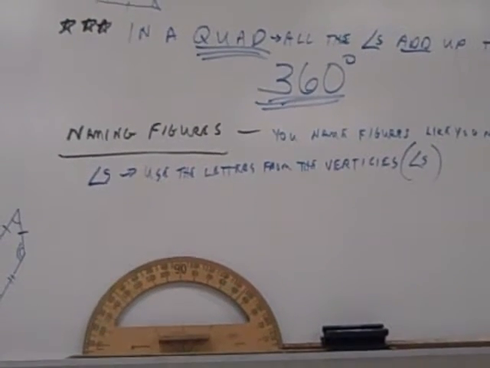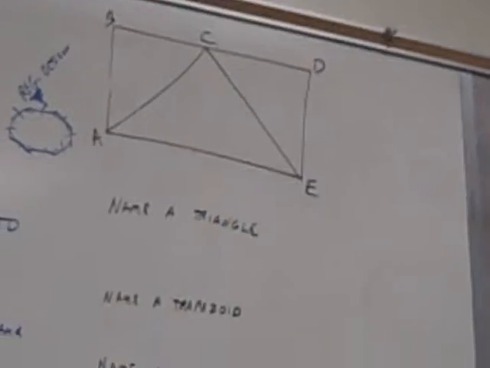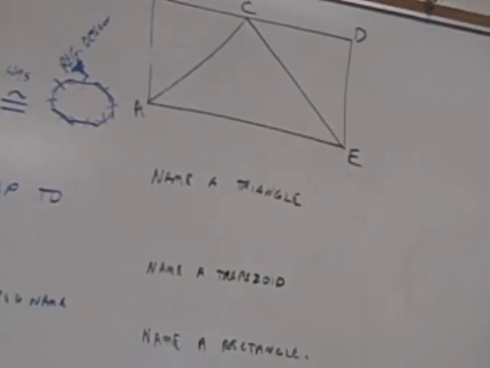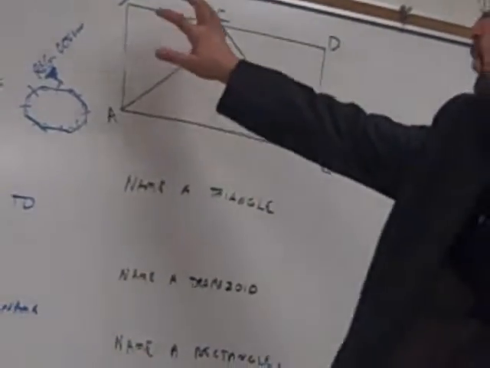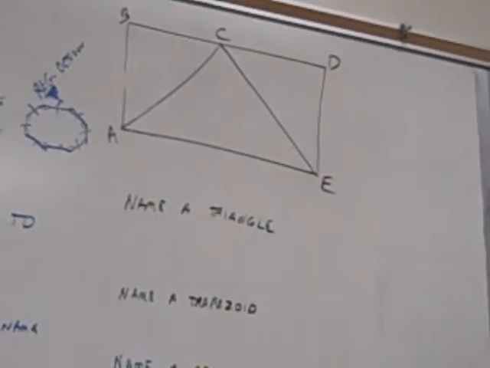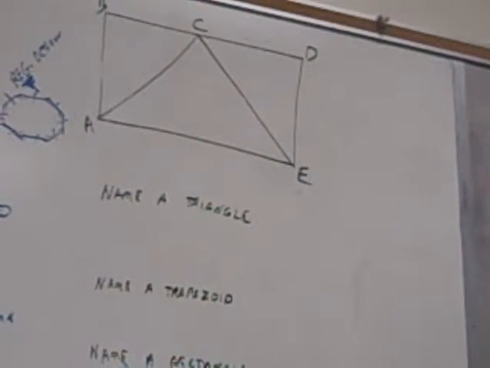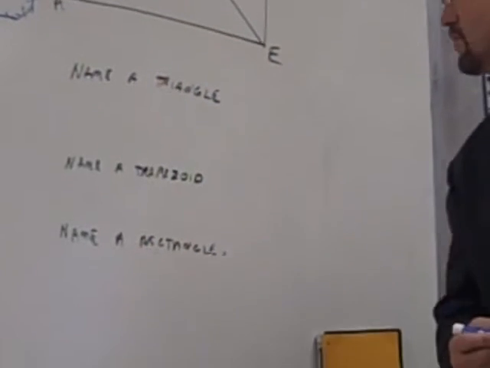So, looking at our example over here, can you name a triangle in this figure? Yes, sir. How many triangles do you see first? 3. 1, 2, 3. So, the one Colton may name may be different than the one Mary names, correct? Depends on which one you pick out. So, I'm going to go with Mary.